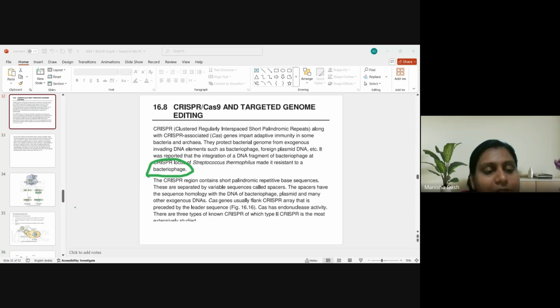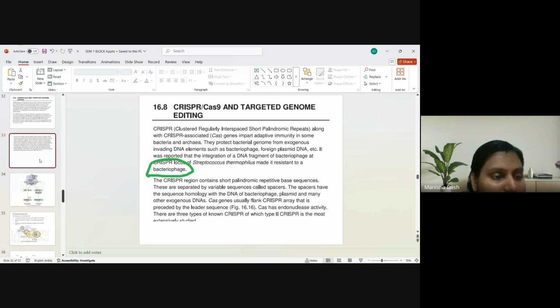The spacers have sequence homology with the DNA of the bacteriophage, plasmid, or many other exogenous DNA. The Cas genes usually flank the CRISPR array that is preceded by the leader sequence. The Cas has exonuclease activity. There are three types of CRISPR, of which type 2 is the most studied. Okay, so exactly what happens in CRISPR, let me explain to you.